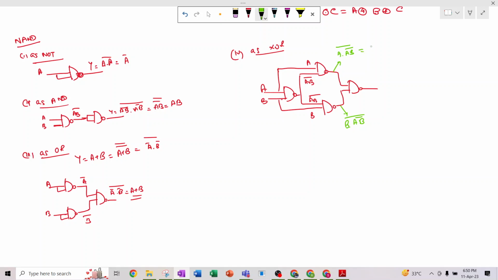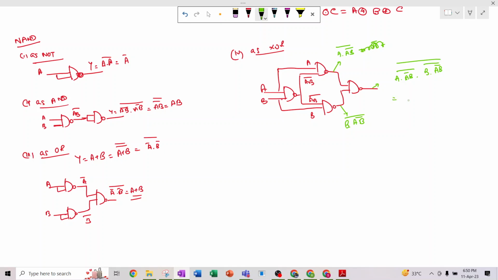If we expand this thing, so here the output will be A dot A B bar, dot B dot A B bar, and this is the whole bar.